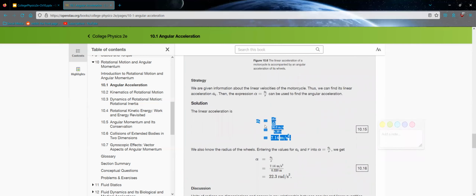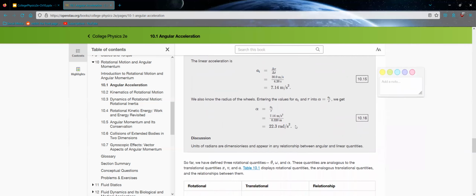Since acceleration is the velocity divided by the time, delta v divided by delta t, we can figure out our acceleration easily and then punch that number, 7.14 meters per second squared, into our rotational acceleration equation, which is that acceleration divided by the radius, to get 22.3 rads per second squared. Rad, of course, is a unit, the radian. That is a unit describing motion along a circle.